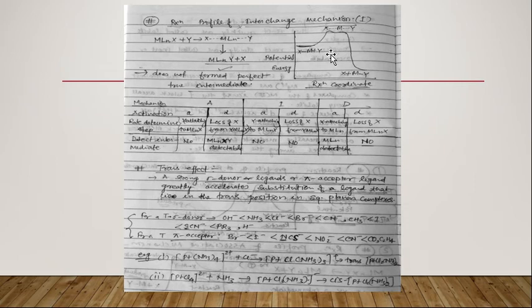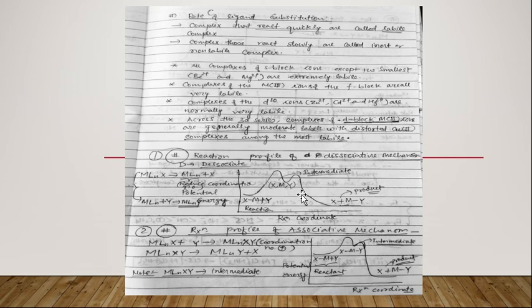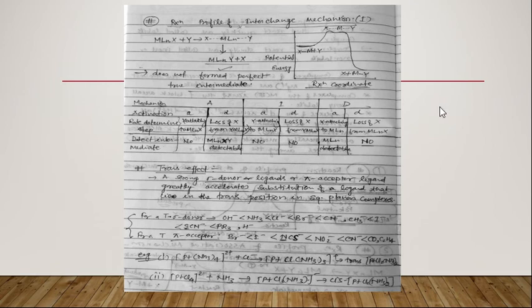If you see here, the energy gap between reactant and product is much larger. One point is that it does not form a distinct intermediate, because the energy gap between reactant and product is much more. In the earlier case the energy gap is not that different, but in the interchange mechanism the energy gap is much more different.